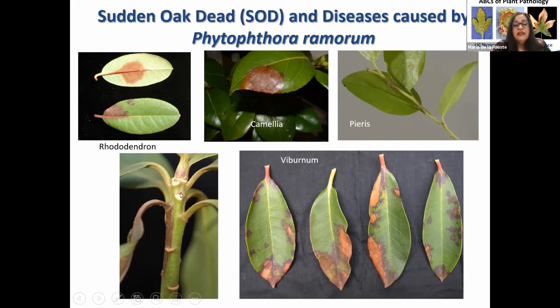It is devastating because it makes the plant show symptoms of wilting when it's not really wilting, but because the affected spot is very close to the transportation tubes of the plant, that's why they start showing some wilting. Here is viburnum, and it is also devastating.